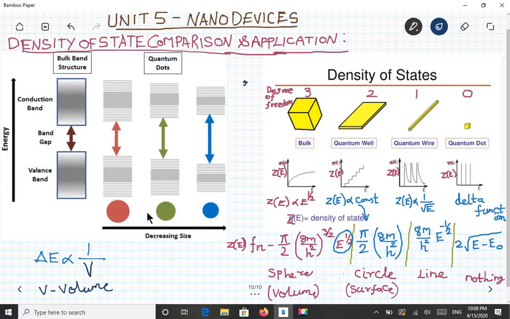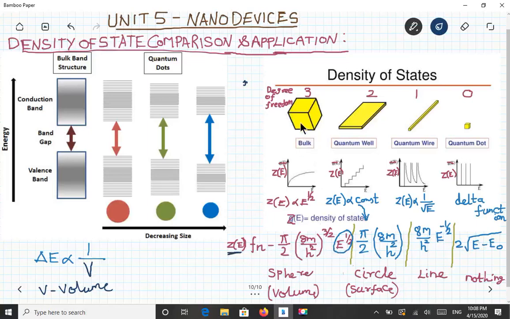These are all the things we are going to cover, and this topic is the density of states comparison. You already derived the density of states for a bulk material in unit 1. This is the equation: pi by 2 into (2m by h square) whole power 3 by 2 into E power half, which you call Z of E. I think you all remember this density of states equation.